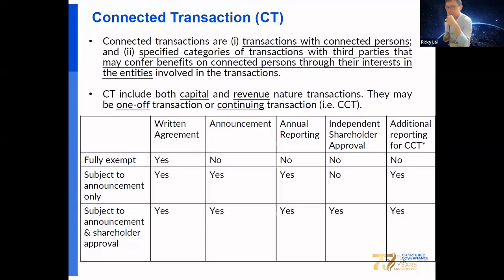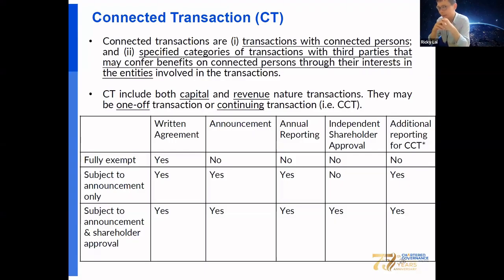There are some other exemptions that only require the publication of an announcement. Okay, including written agreement, announcement, and in the annual report, please also make the disclosure for the CT during the year. In case it is a CCT, please also comply with the annual requirements, including the appointment of auditors to review the CCT and letting the INED confirm the CCT.